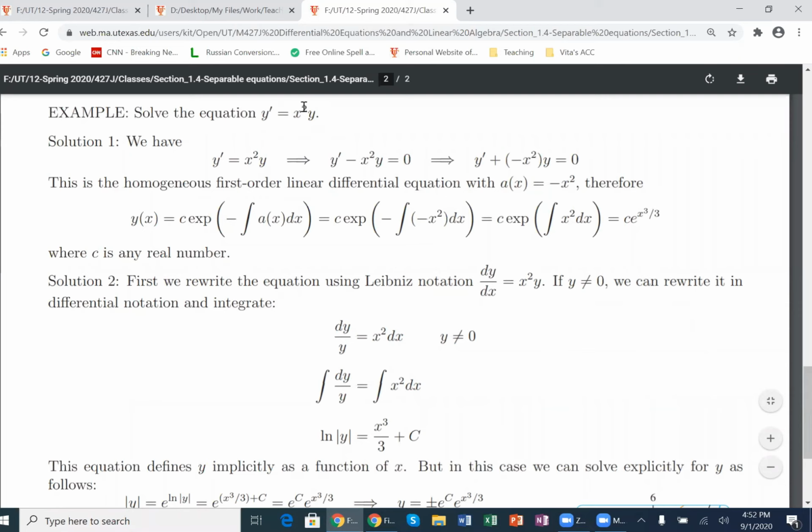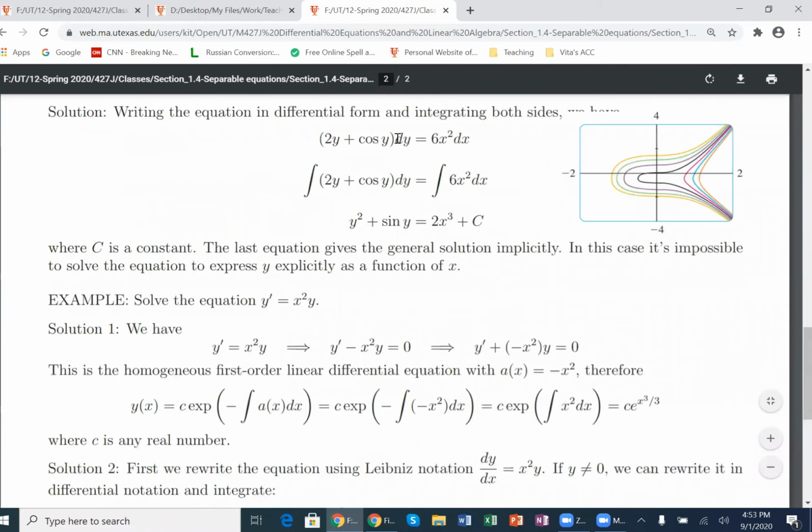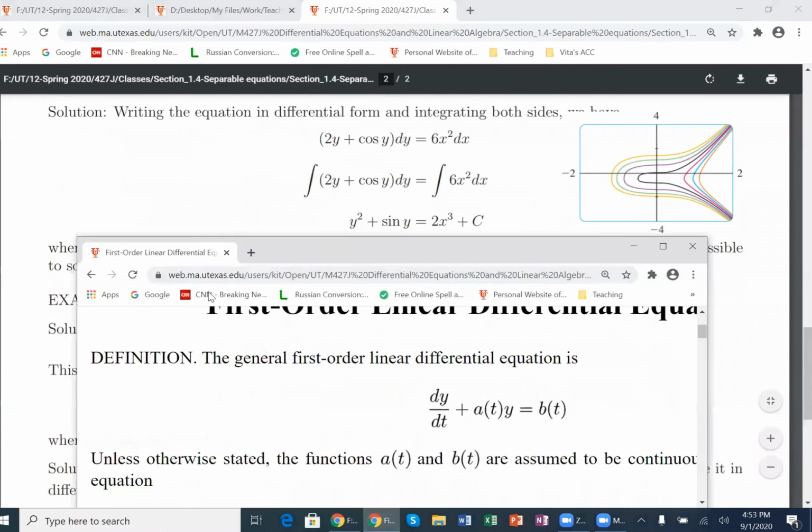Then, let us integrate both sides by x. The right-hand side will be the integral of x squared dx. The left-hand side will be the integral of y to the -1st power times y prime dx. Agree? But now, let us go back to calculus.